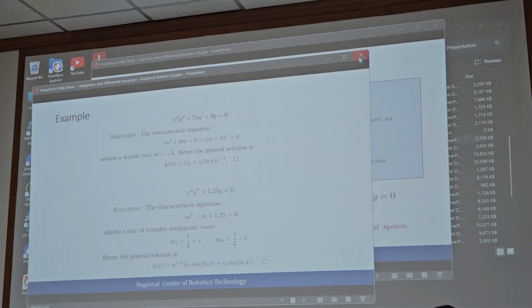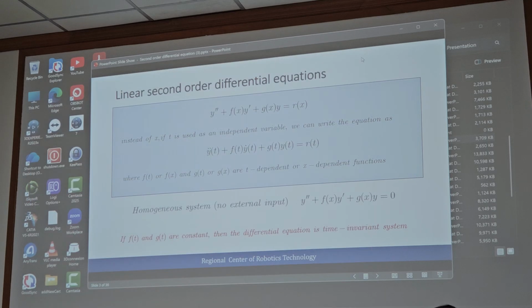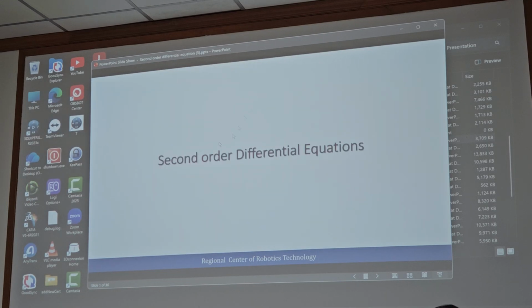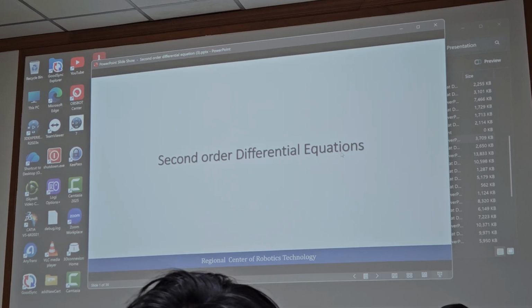That was for the last class, I mean last Monday. We do have another slide concerned with second order differential equations only.